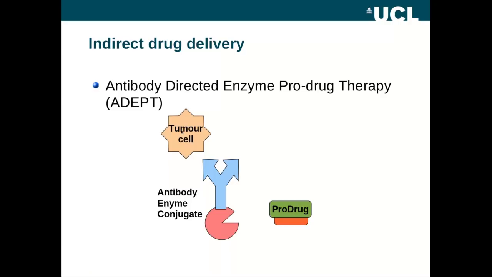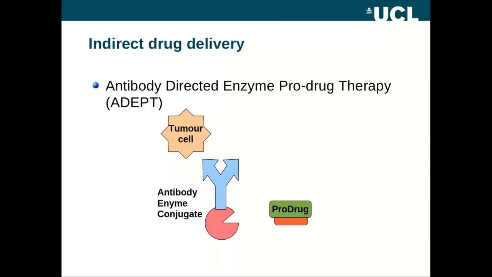Now we inject a prodrug. Now, a prodrug is an inactive form of a drug which usually has some little extra bit added to it. In fact, many drugs that we take are in fact prodrugs. So the painkiller codeine is actually a prodrug. It gets activated in the liver into the active form.